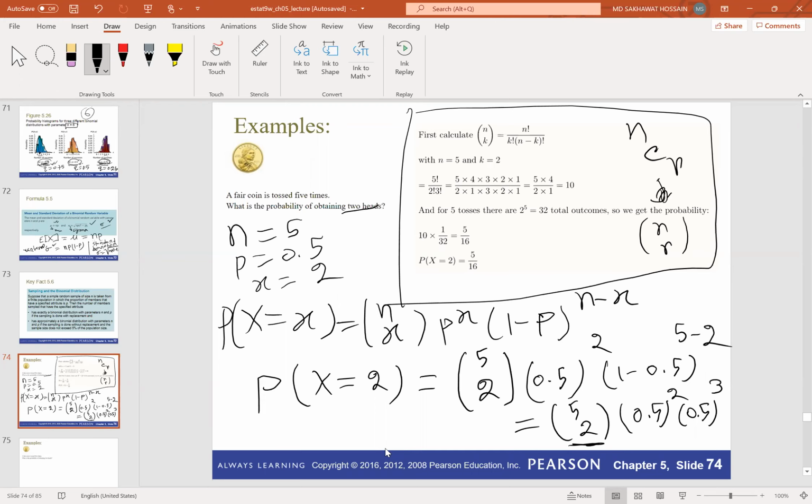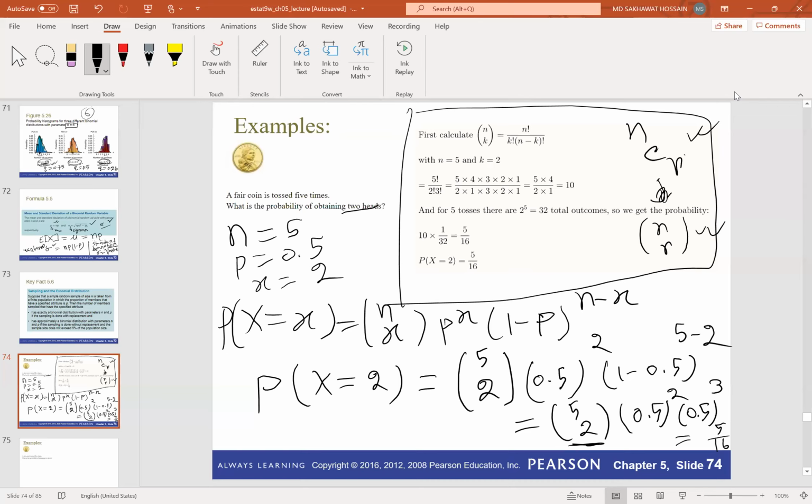On your calculator you will see either this operator or this operator, so you will be using either one to find 5 combination 2. Finally, after simplifying, the probability will be 5/16.